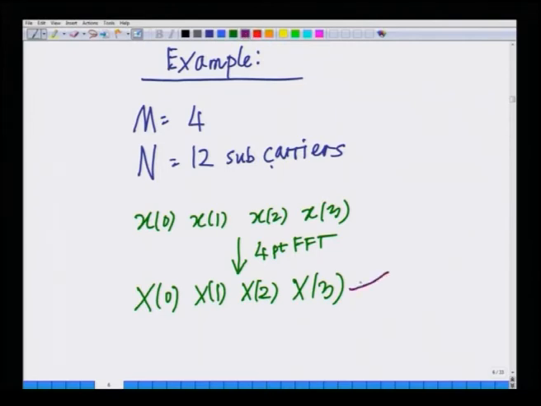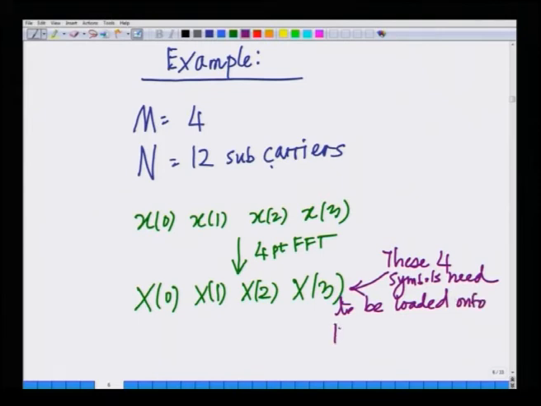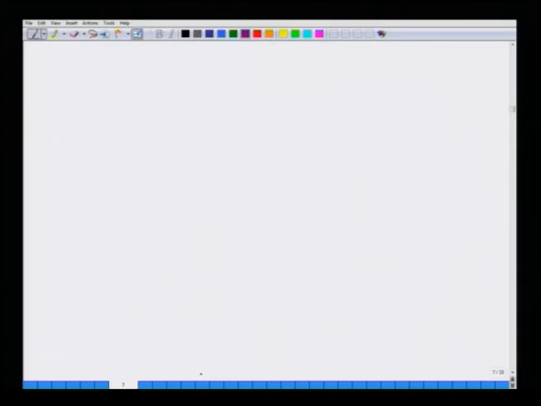These 4 symbols need to be loaded onto the 12 subcarriers, and this can be done as follows. For instance, what can we do?